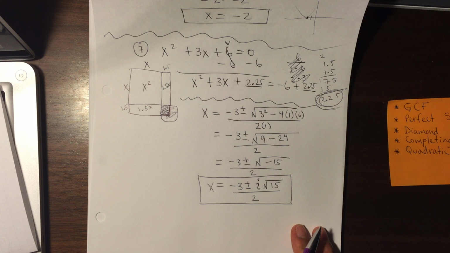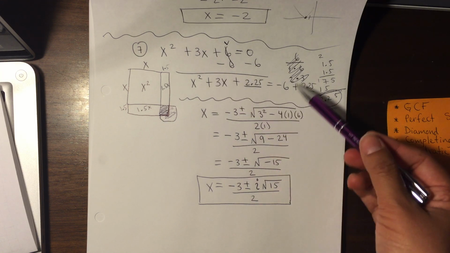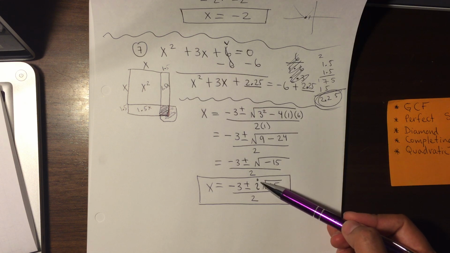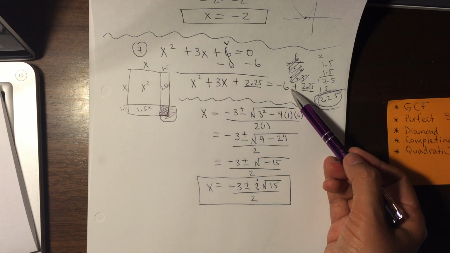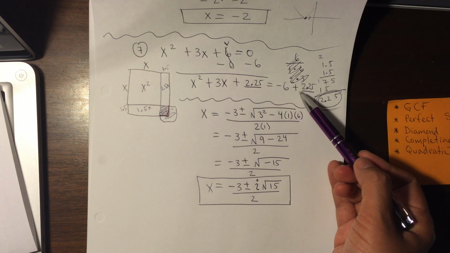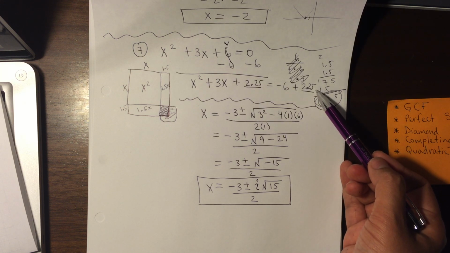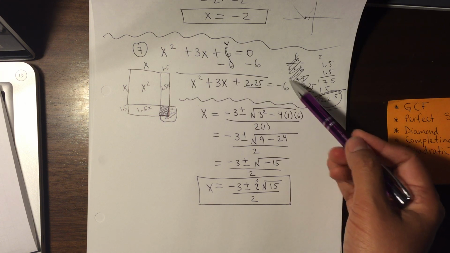So very interesting that this ended up being, how can I know that this was going to end up as a complex? Remember that complex answers are the ones that have the imaginary number. In here, you can tell that it's going to be a complex number just because when you add negative 6 plus 2.25, you're going to end up with a negative since the negative is bigger.